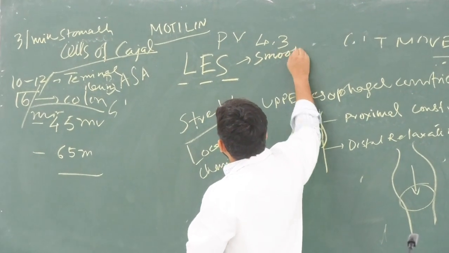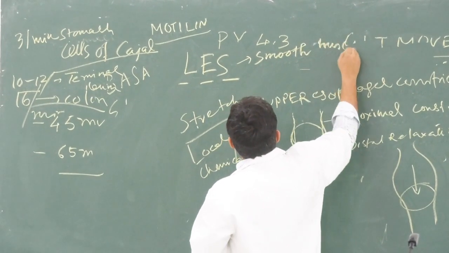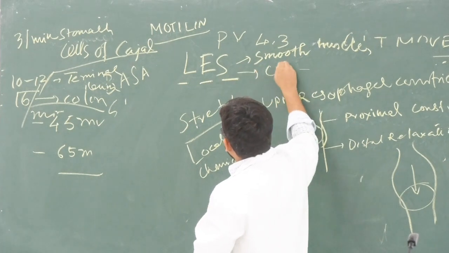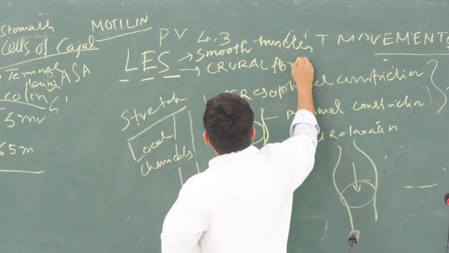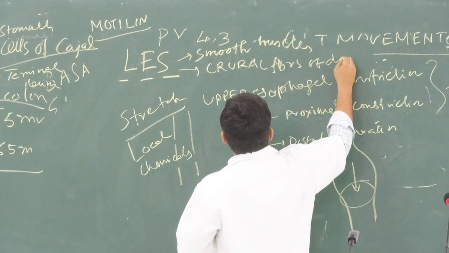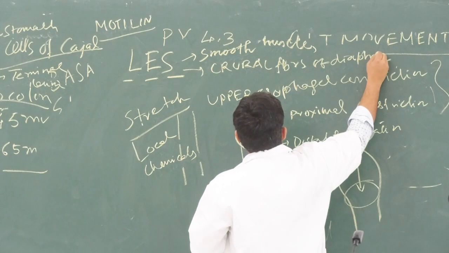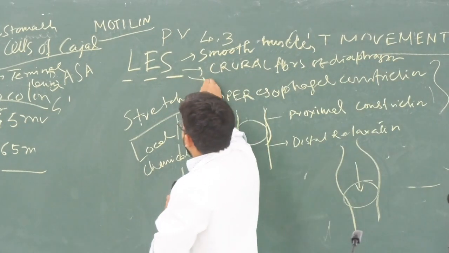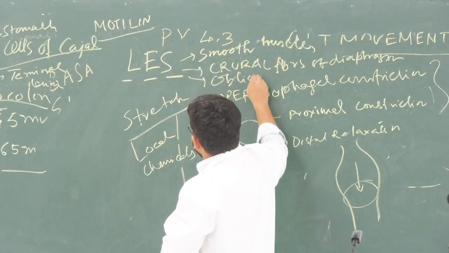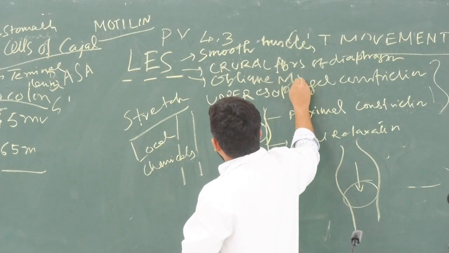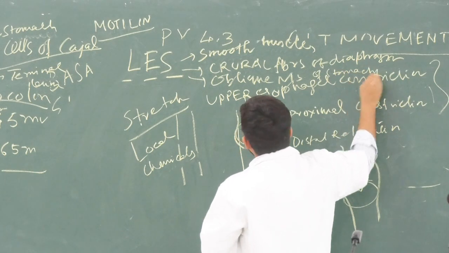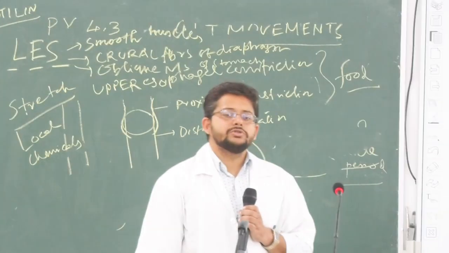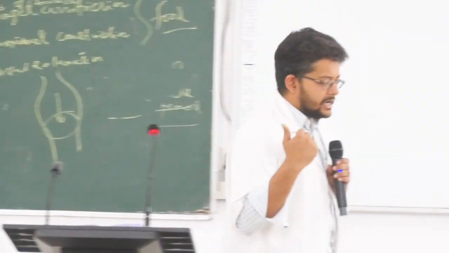Smooth muscles, crural fibers of diaphragm, and oblique muscle from stomach. Oblique, MS মানে muscle of stomach. These three are creating the lower esophageal sphincter.